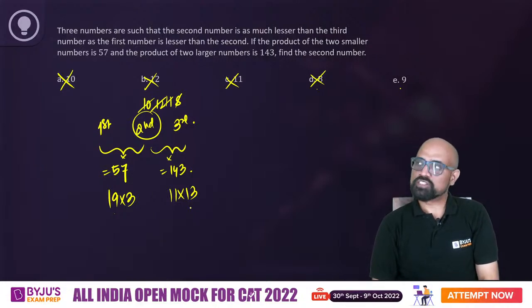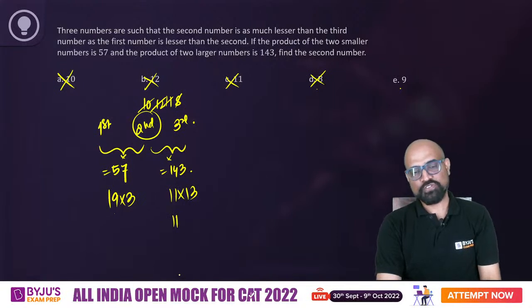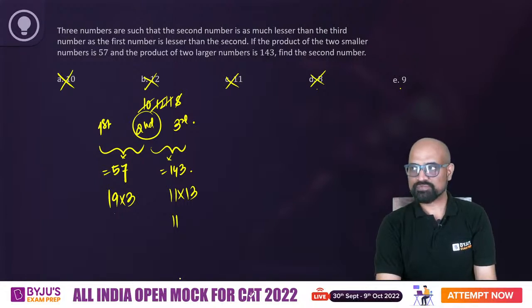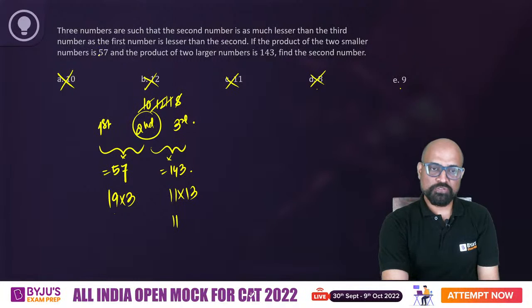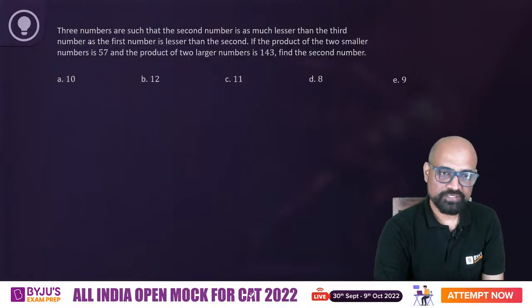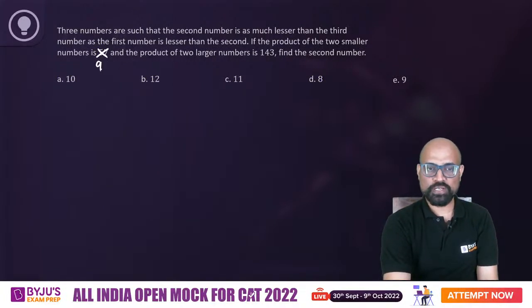One of the values should be different, as in it should be either 57 में problem है या 143 में problem है. 3 and 19, 16 away, 8 तो 11 हो जाएगा. So if I have 11, see, this 57 has to be 99.